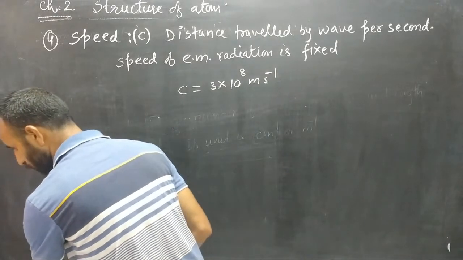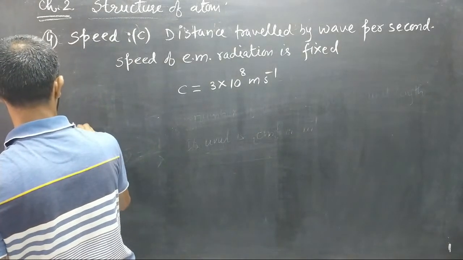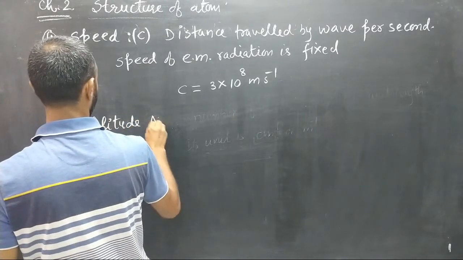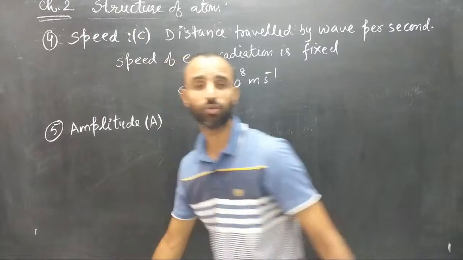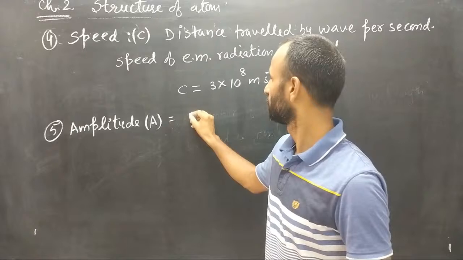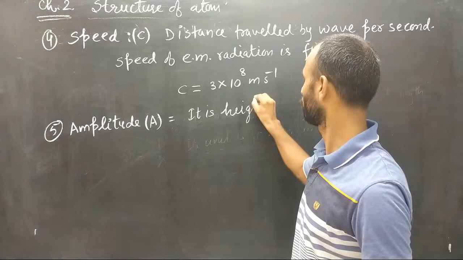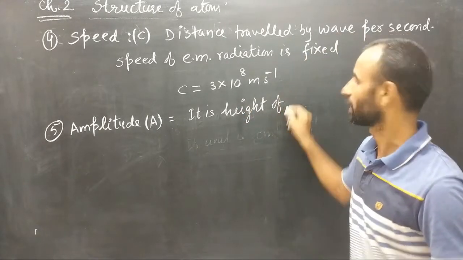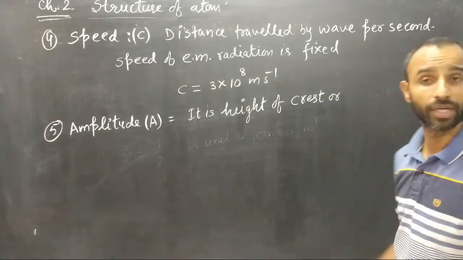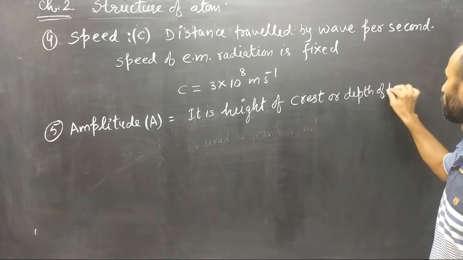Now amplitude. Amplitude is denoted by capital A, and amplitude is the height of the crest or depth of the trough.